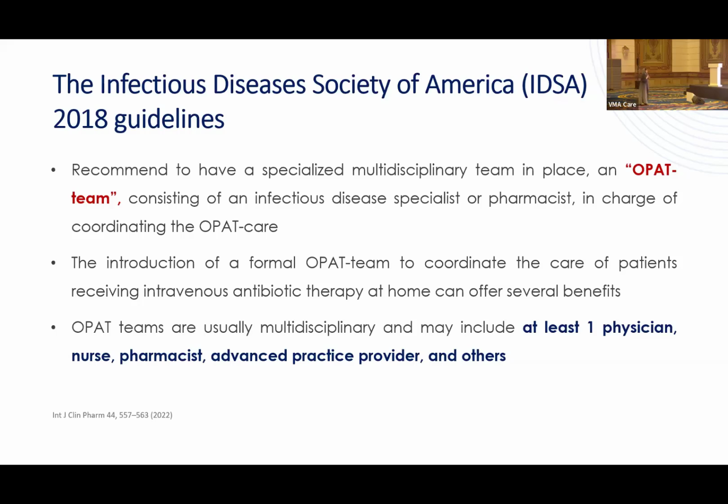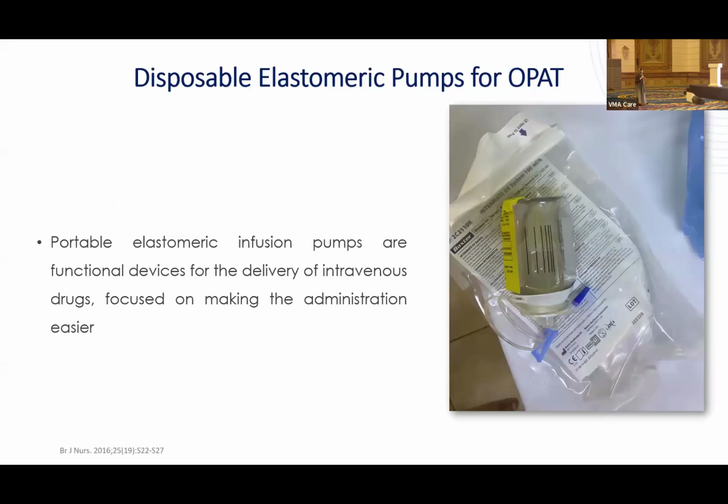Usually the perfect team would consist of one physician, a nurse to take care of the infusion part and the cannula, a pharmacist, and an advanced practice provider as well.